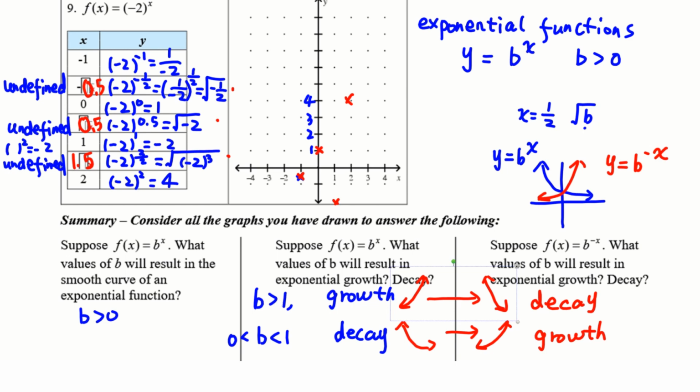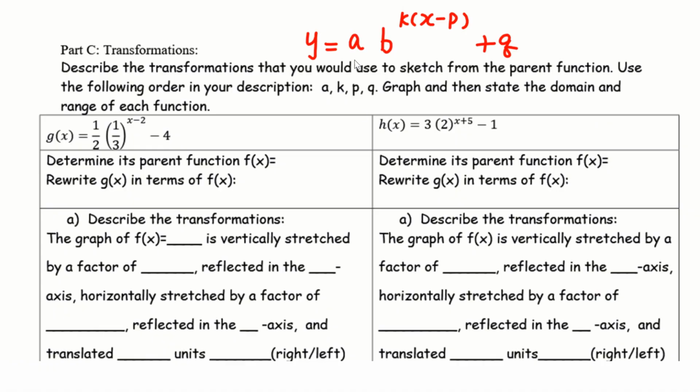Then next page we are going to discuss transformations from parent function to other functions. So this is a general form. Parent function f of x equals b to the exponent x. A, k, p, q: a equals 1, k equals 1, no vertical stretch or horizontal stretch, and p, q equals 0, no left right.